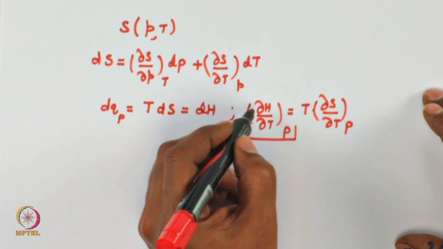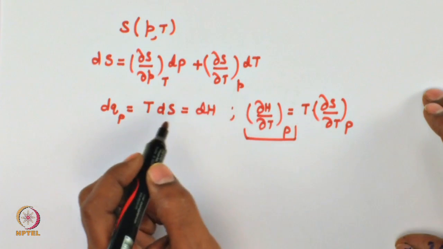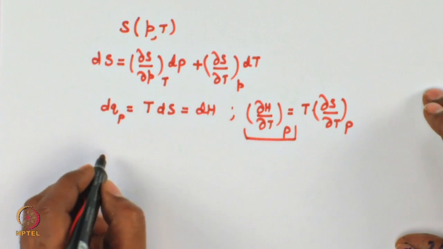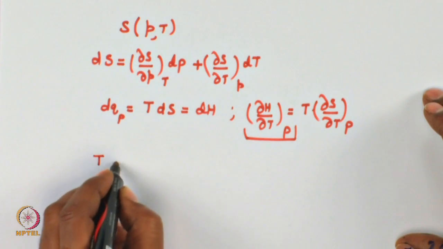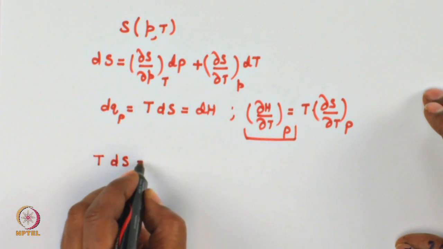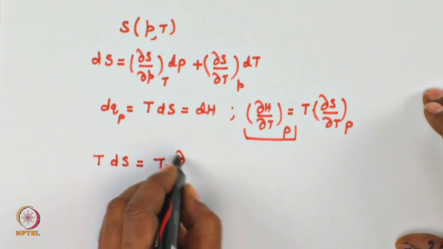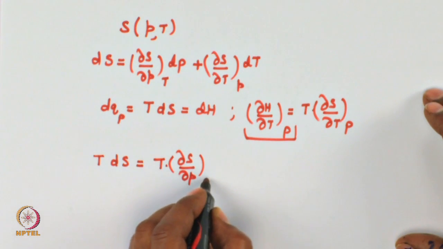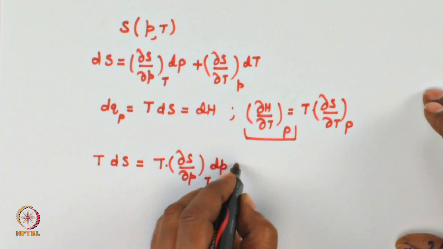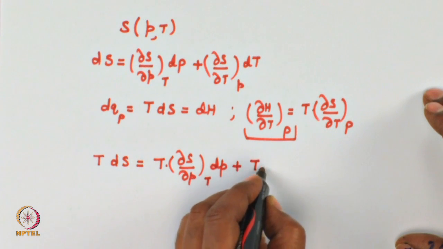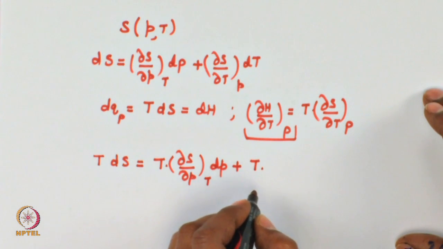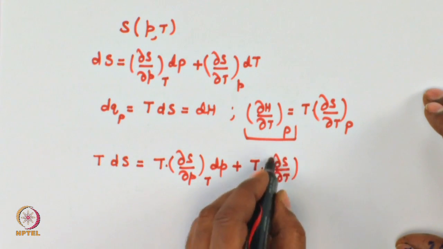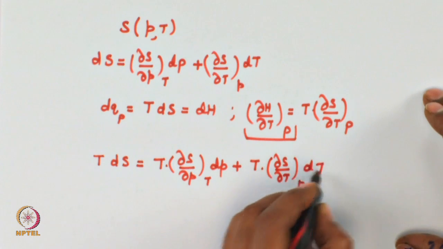So, I can substitute now here. Let us multiply T on each side. TdS is equal to T times dou S dou P at constant temperature dP plus T times dou S dou T at constant pressure dT.